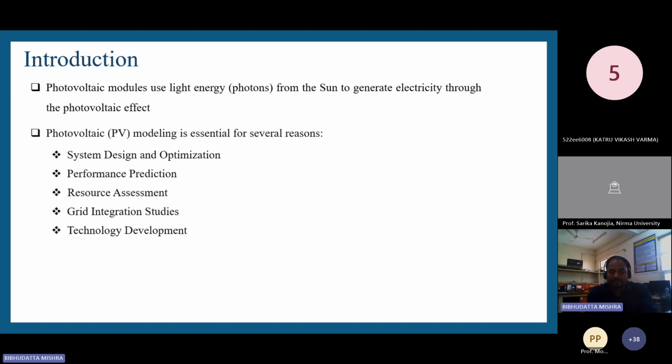Nowadays, different new technologies are introduced, and many researchers have introduced highly efficient technologies to design a PV cell so that it can have the maximum efficiency along with optimal operation.